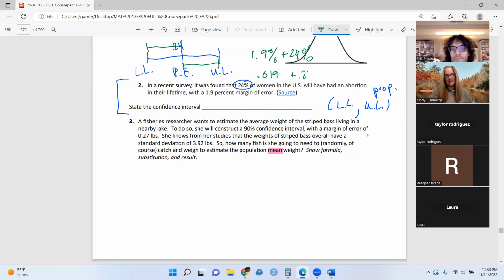Yikes. All those little tiny pieces to keep track of. Okay, so the upper limit is 0.259. That's 24% plus 1.9%, which is 25.9%. The lower limit is the subtraction of those two, which is 0.221 or 22.1%.